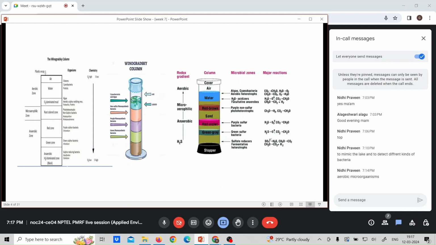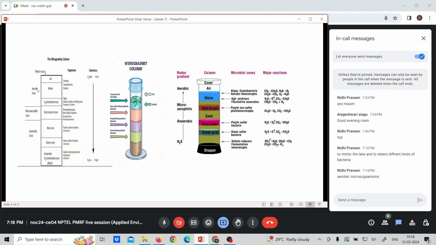And they cannot survive in complete oxygen deprivation, when oxygen concentration is zero. So that is basically what differentiates microaerophiles from aerobic and anaerobic. That is why we have a separate layer here.